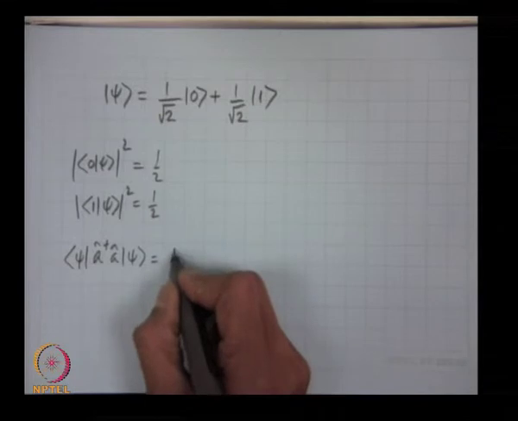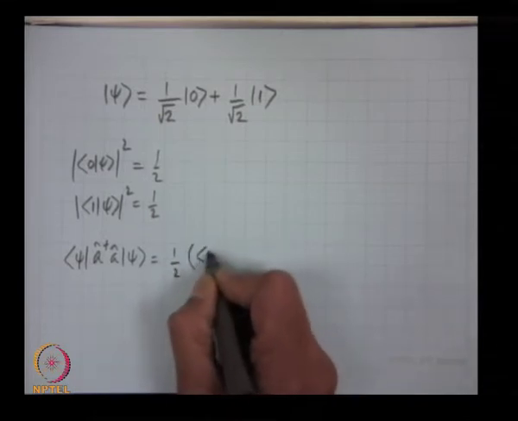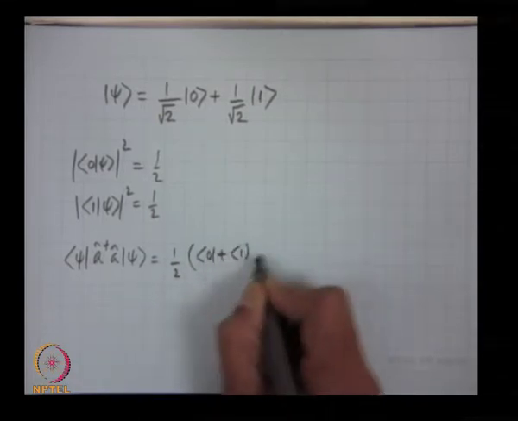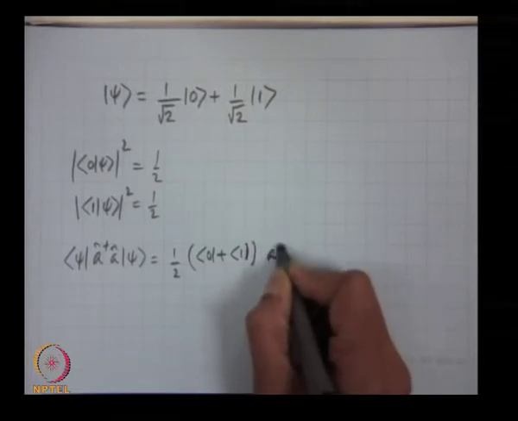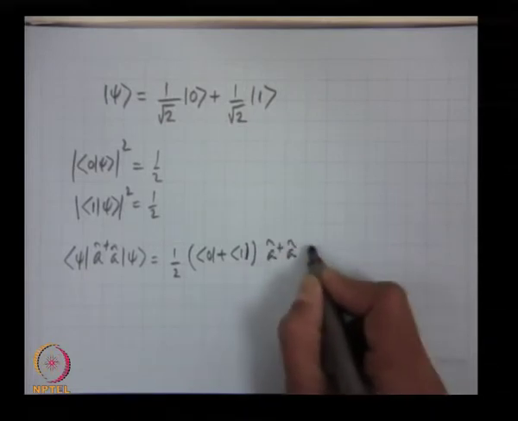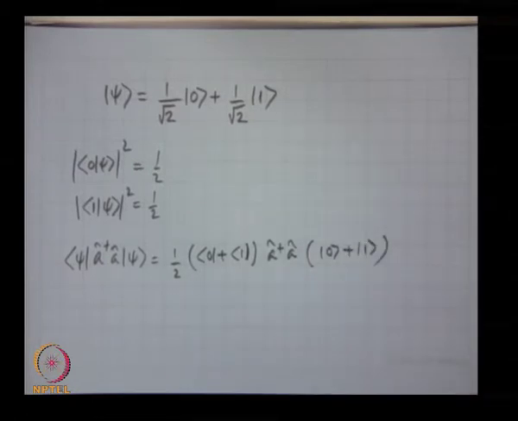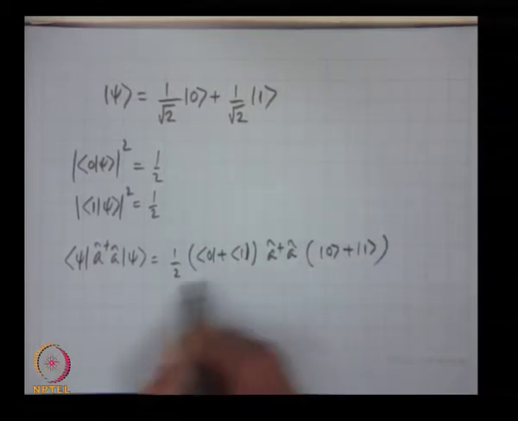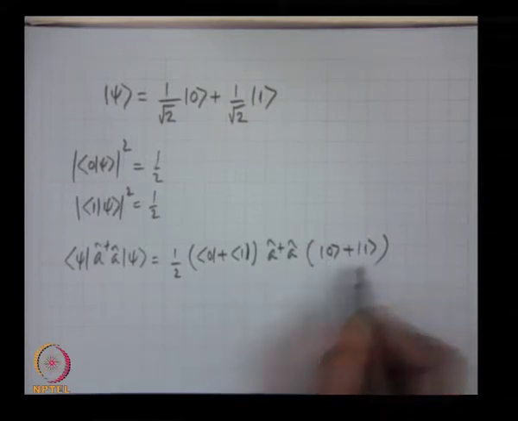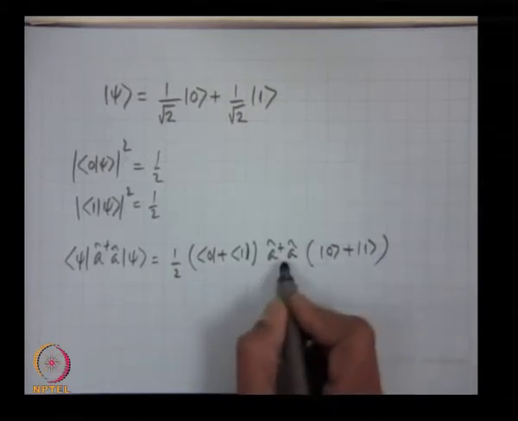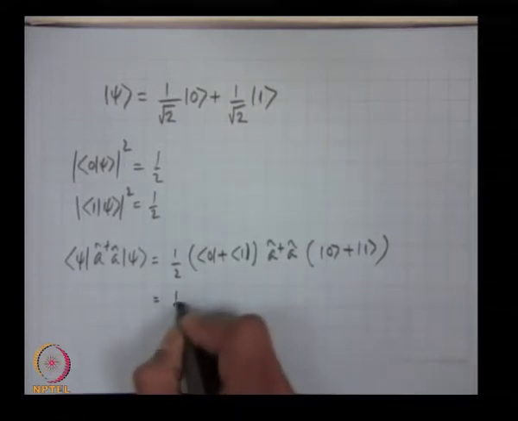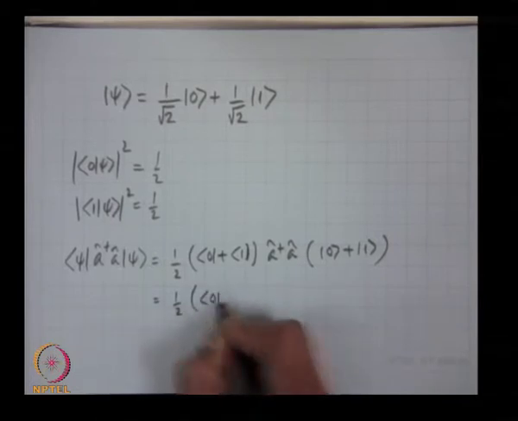So this is 1 by 2 of 0 plus 1, a dagger a, into 0 plus 1. So this is bra psi here, with the 1 by root 2, this is ket psi with the 1 by root 2, and then there is a dagger a, and so this is half, 0 plus 1.